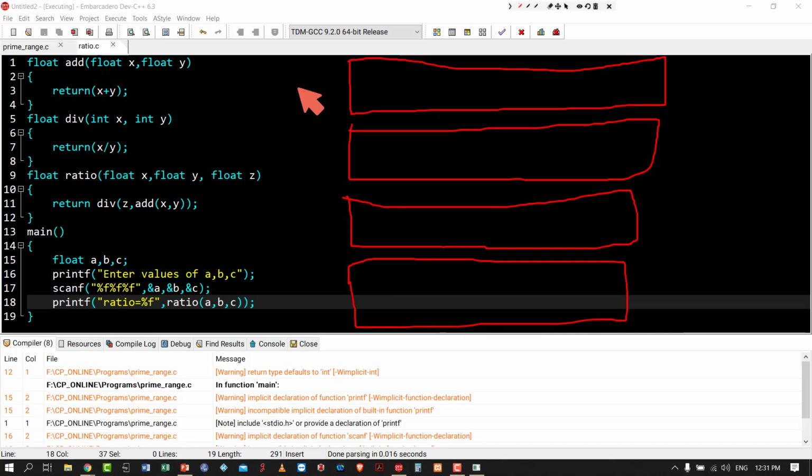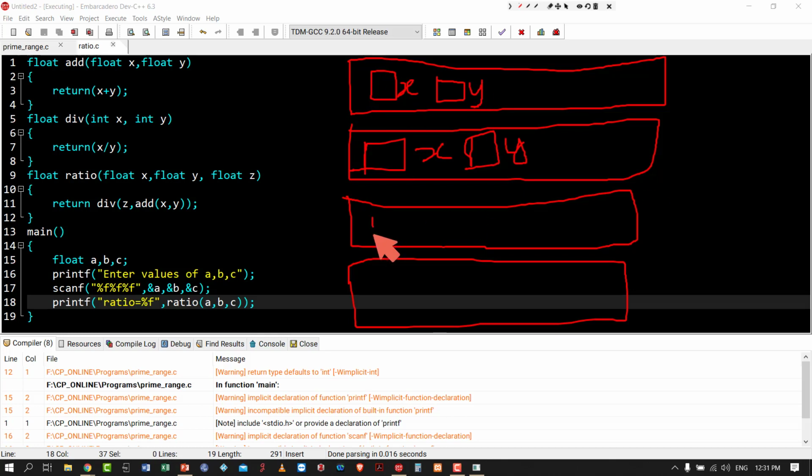So in add I have 2 variables, x and y. In division I have 2 variables, x and y. Always remember, this x and this x are different. This y and this y are different.